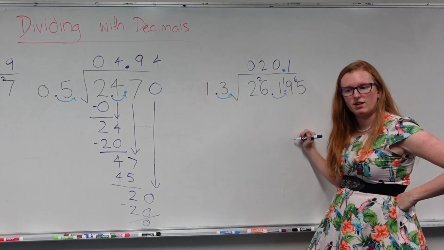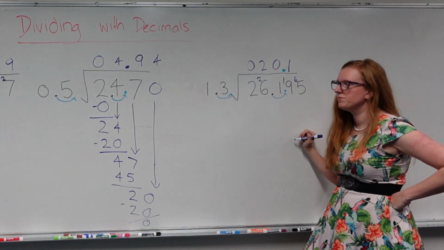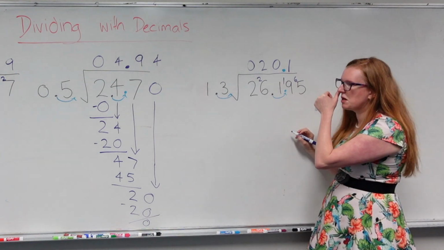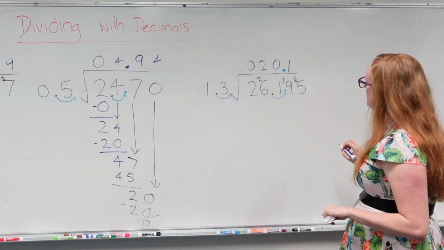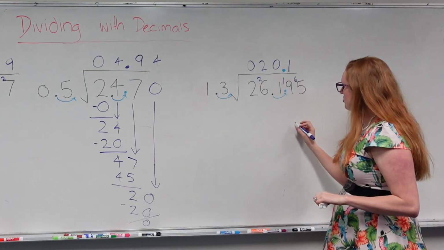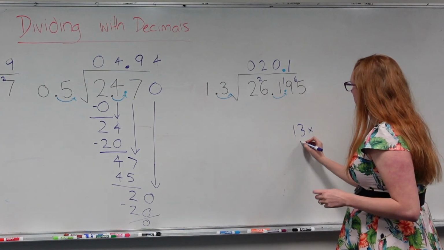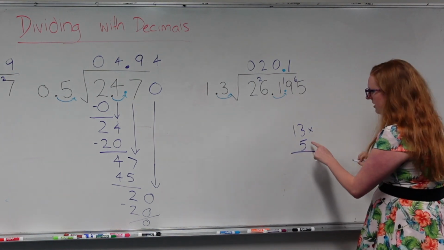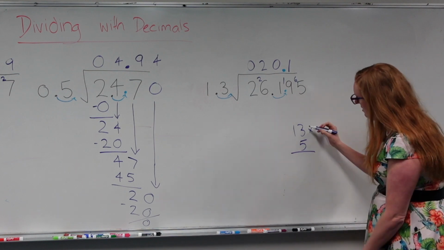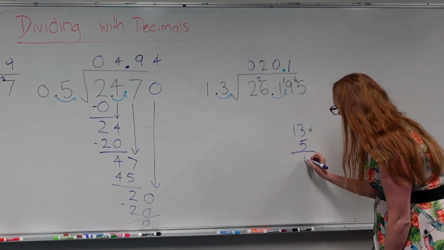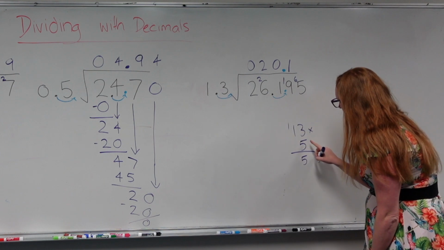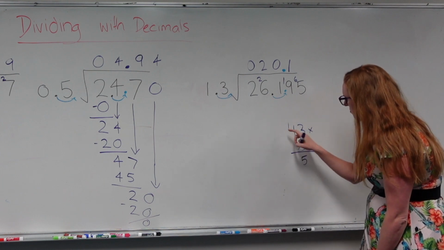13s into 65. I don't know. Let's take a guess. Let's try it and go 13 times 5, maybe. 3 5s are 15, carry the 1. 5 1s are 5, plus 1 is 6.